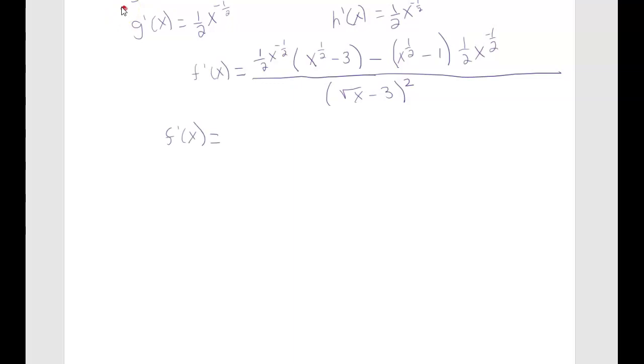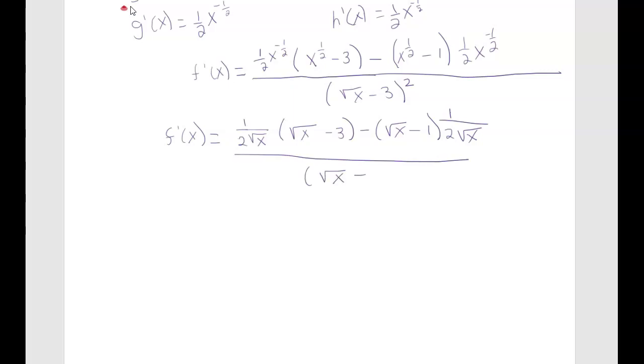And I know this, I can pull this down to the denominator. 1/2 of x, sorry about that, times square root of x minus 3 minus square root of x minus 1. And this again is 1 over 2 square root of x. And all of this is over this square root of x minus 3.